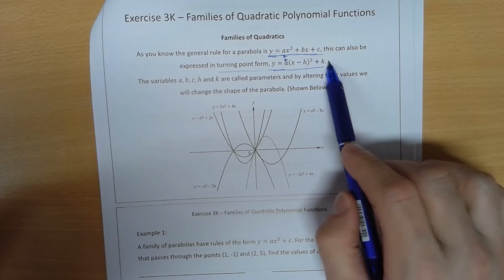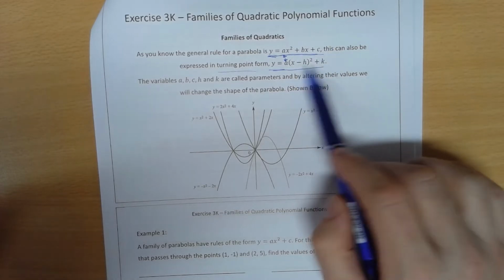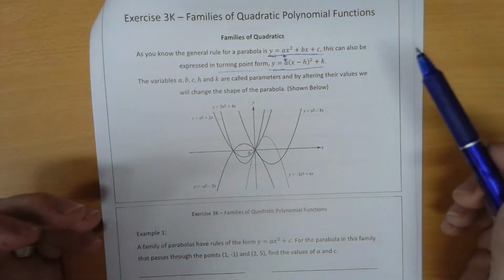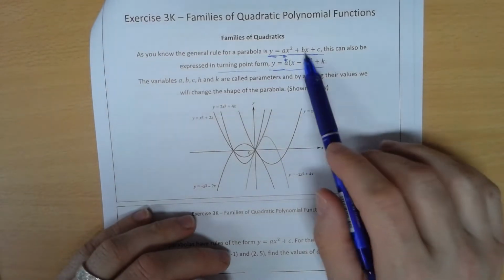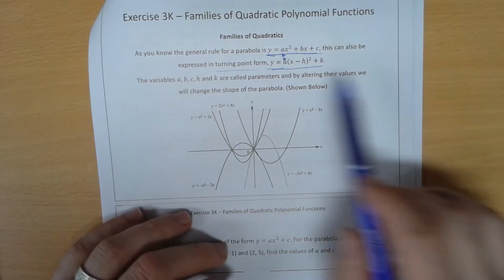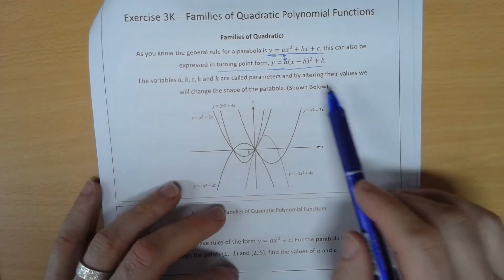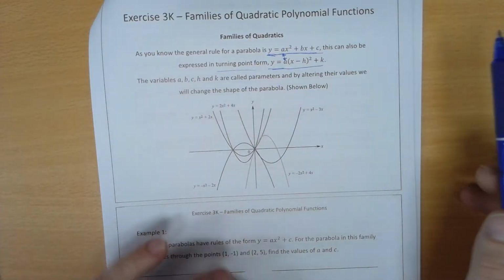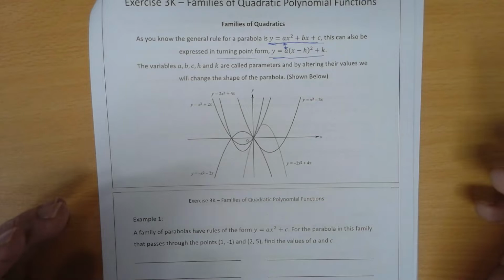When we convert it though, h and k are different to b and c, as it's written in a different form. As we alter either a, b and c up here or a, h and k here, we get these changes that are occurring here, and we're going to spend most of the time looking at turning point, but we're going to use the general form as well.